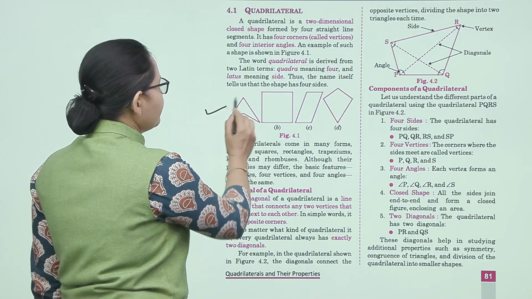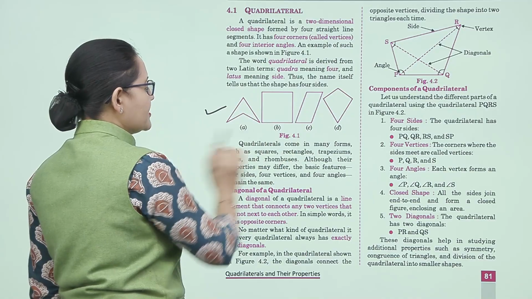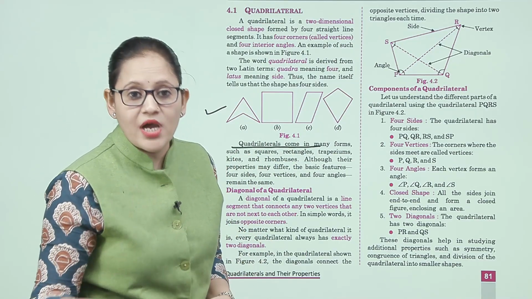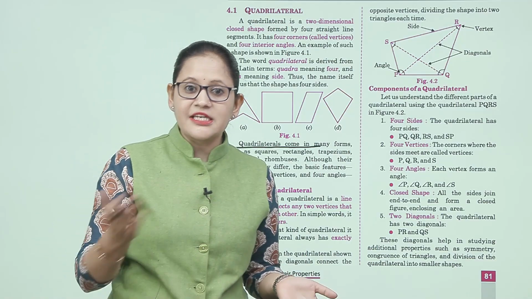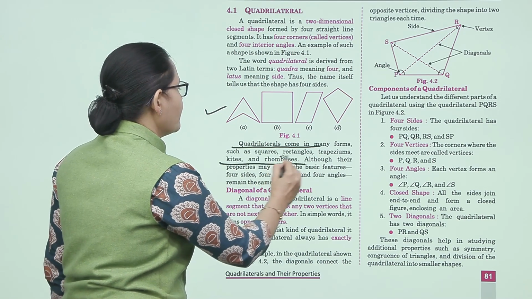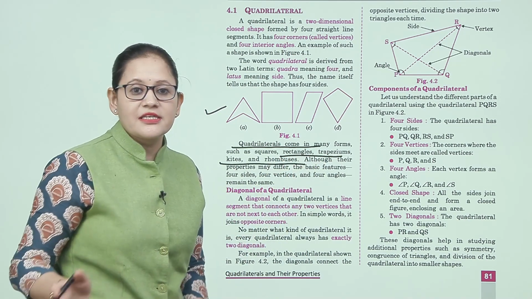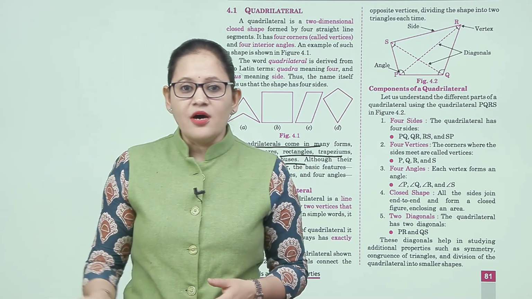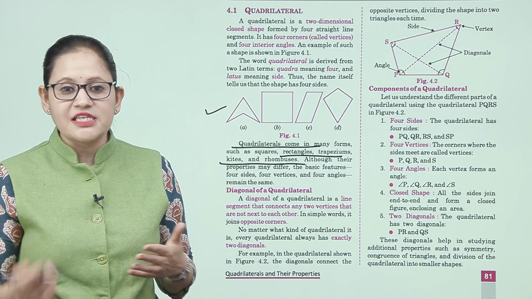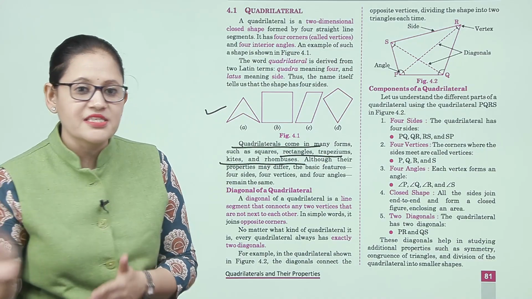Here you can see in the figure, all these figures are quadrilaterals. Quadrilaterals come in many forms, such as square, rectangle, trapezium, kite and rhombus. Although their properties may differ, the basic features of 4 sides, 4 vertices and 4 angles remain the same.